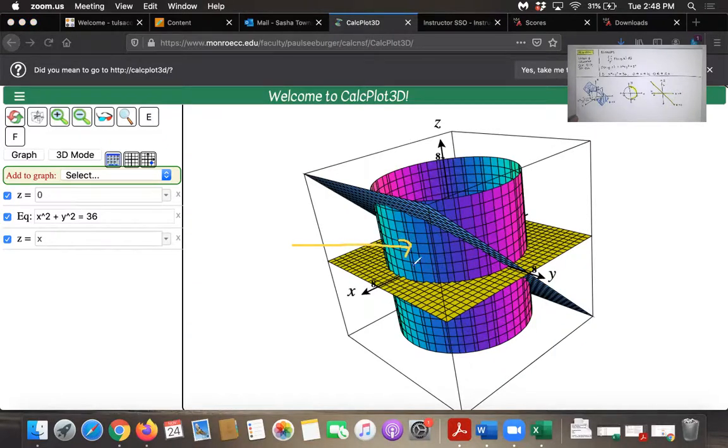It's the part of the cylinder that is in between the xy plane and the plane z equals x. So that's S. That's what we are integrating over here. So now let's actually integrate over this.